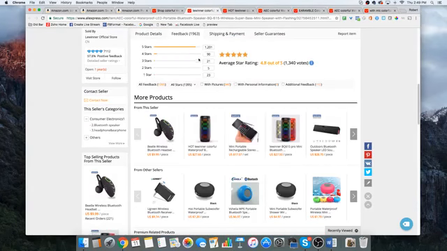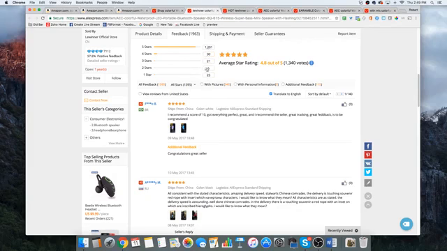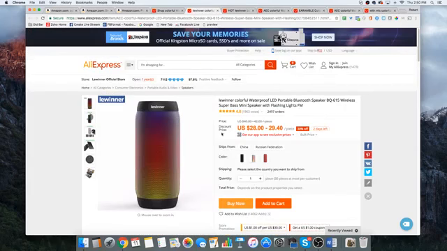Even if all 145 or whatever it is were because they were broken or started going out within a month, with that amount of 5 stars, I really wouldn't be concerned. I would just deal with the broken ones as they come in. I'll just replace them. Offer a 3-month or 6-month warranty or something. A lot of times the vendors will even have that warranty, so you have it sent back to you and you send it back to the vendor.